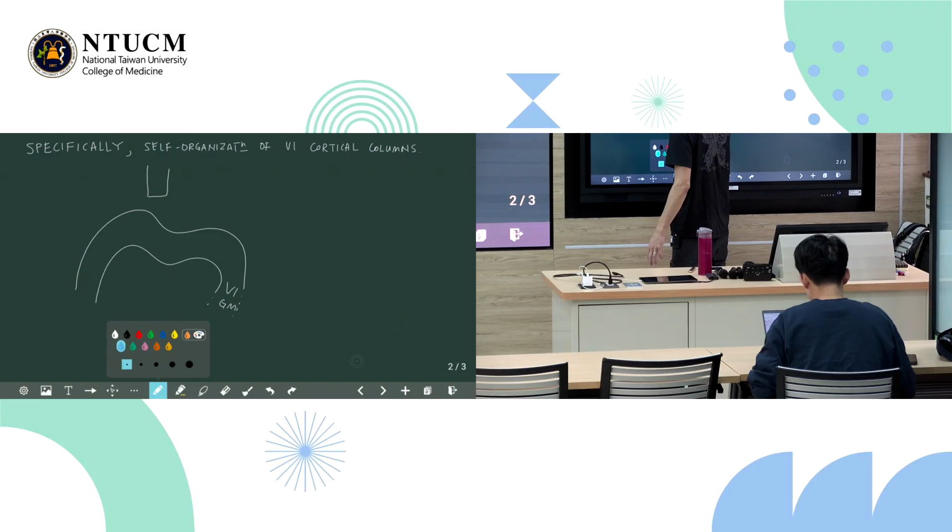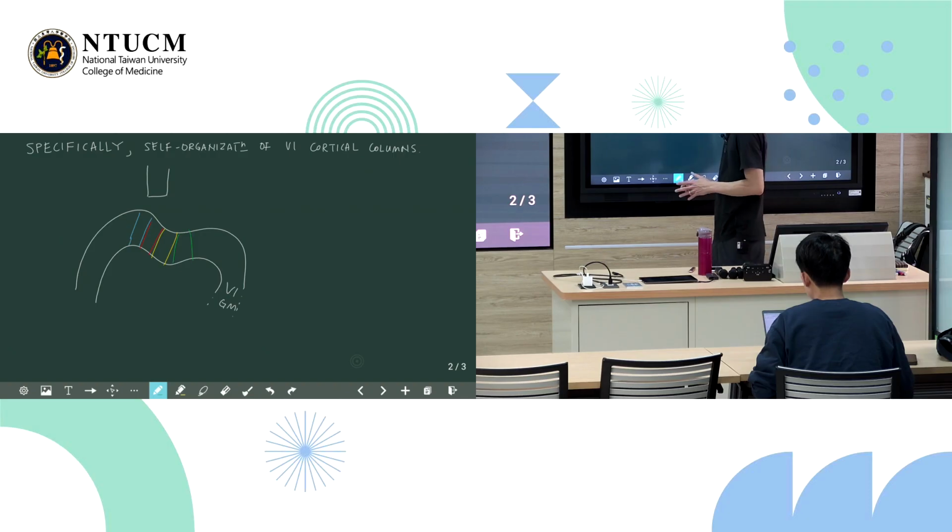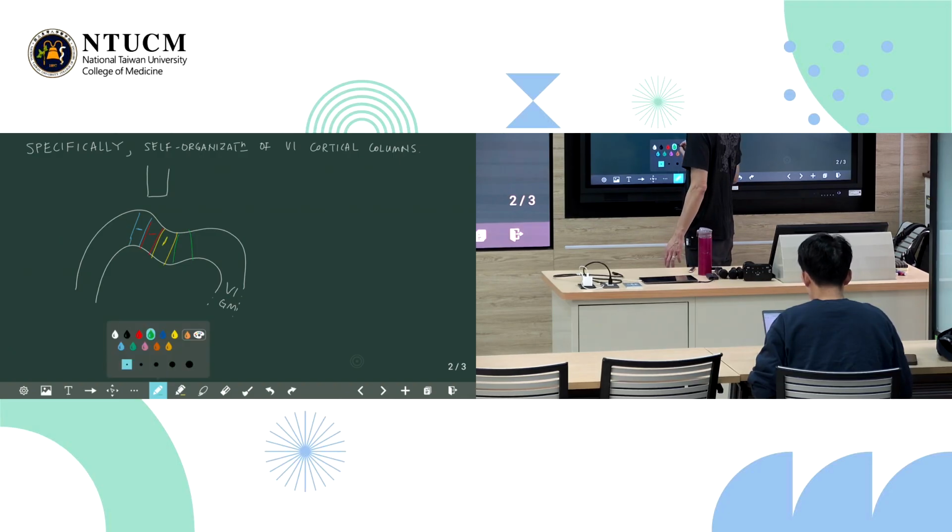So what you would see is, let me attempt to do some color, like this. If this one likes this one, this one likes this one, this one likes this one, and this one likes this one. And then, of course, after green, you go back to blue.